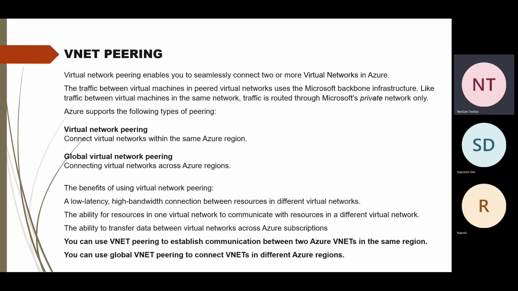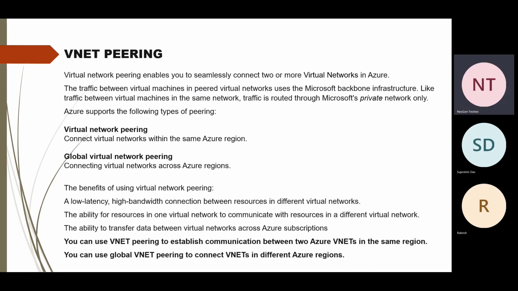We have virtual network peering, which connects virtual networks within the same Azure region, and then we have global VNet peering, which connects VNets across Azure regions. The benefits of virtual network peering are a low latency, high bandwidth connection between resources in different virtual networks, and the ability for a resource in one virtual network to communicate with resources in another virtual network. That is the purpose of VNet peering.